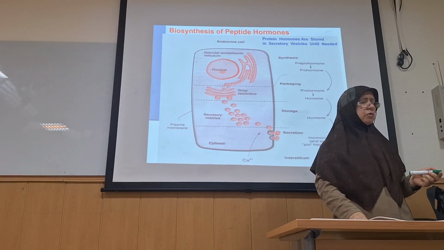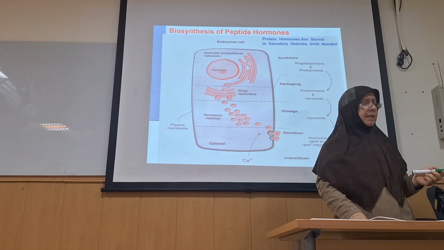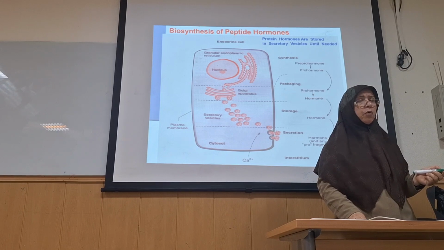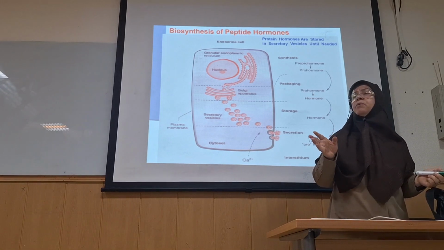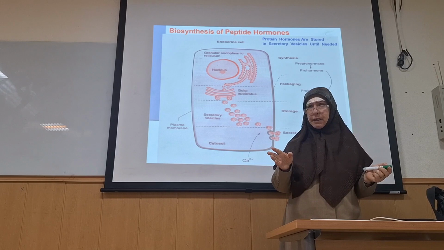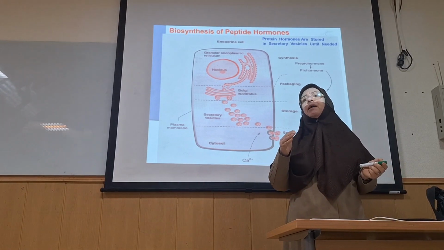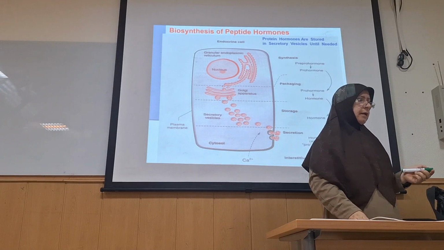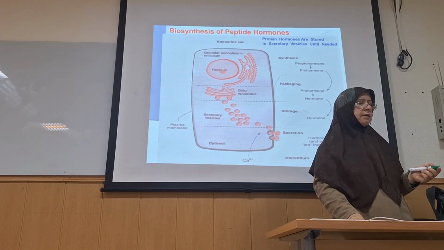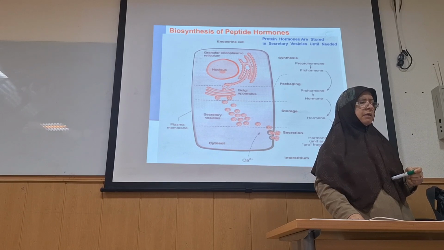In the ribosome, the peptide is produced in the form of pre-prohormone. All peptide hormones are synthesized in the form of pre-prohormone. After that, it enters the ER, endoplasmic reticulum.